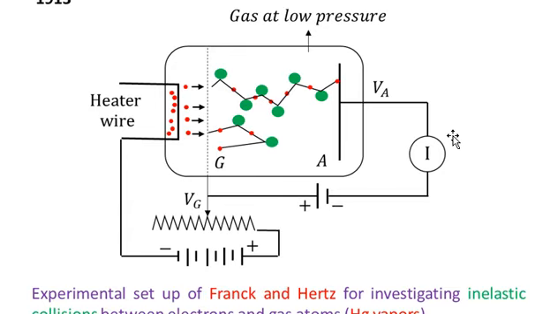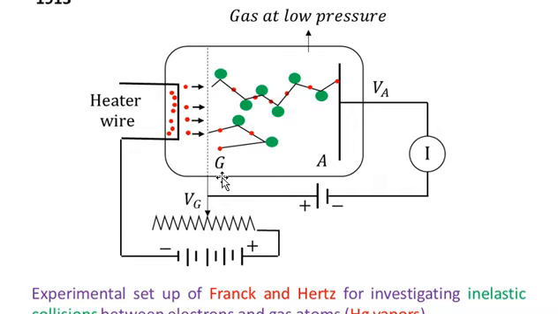There will be a drop in the current. So by noticing that the current drops and a dip in the current is observed, we shall immediately notice that the electrons have imparted energy to the mercury atoms, and some of the levels in the mercury atoms have been excited, depending upon the energy of the electrons that we have set up.